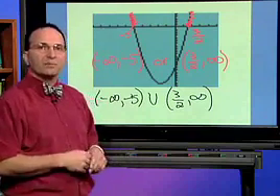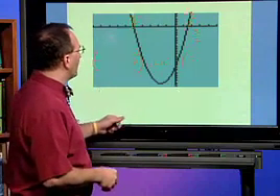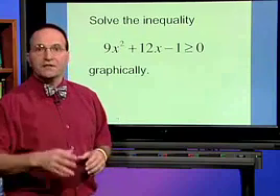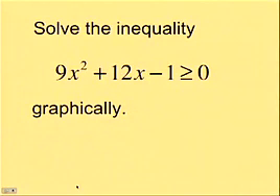And let's do an example of where we use the graphing calculator to help us do that. So we're going to solve the inequality graphically, and the inequality is 9x squared plus 12x minus 1 is greater than or equal to 0. So what we would do is actually plug into the grapher using the y key.